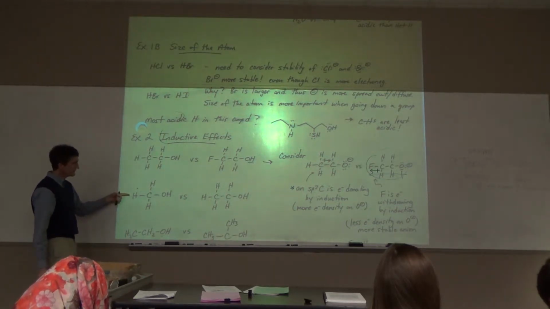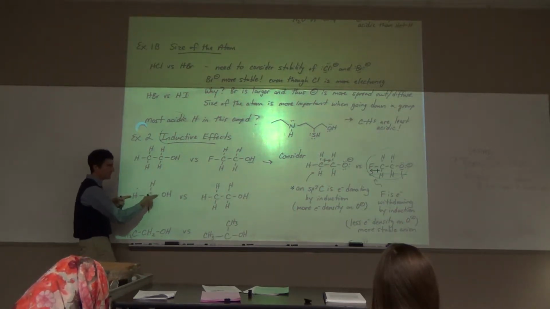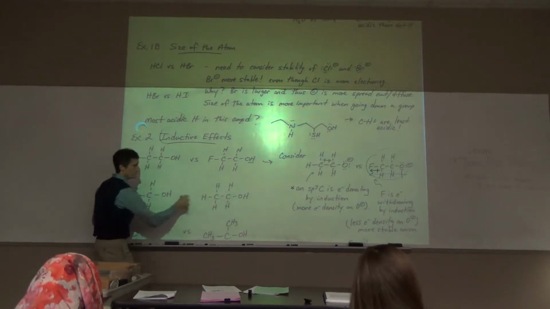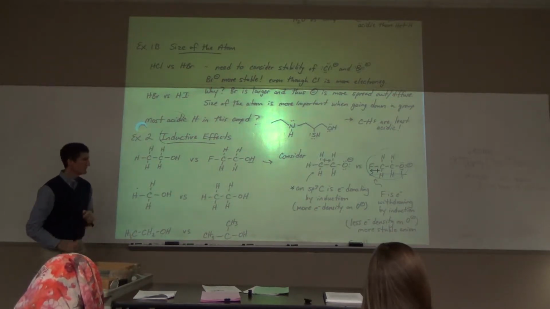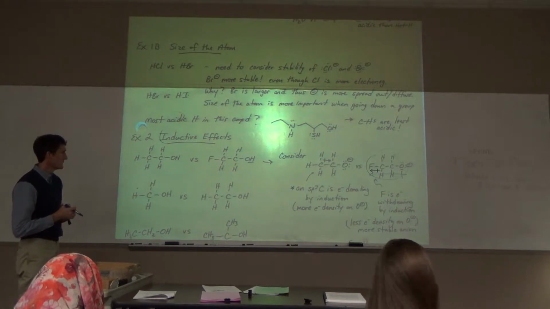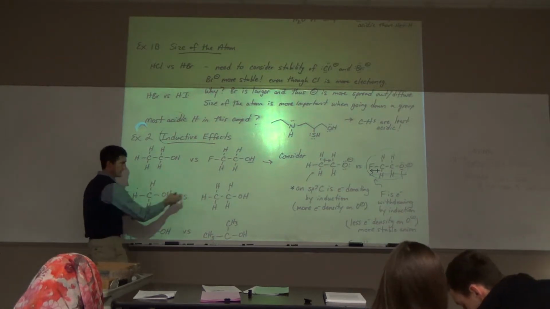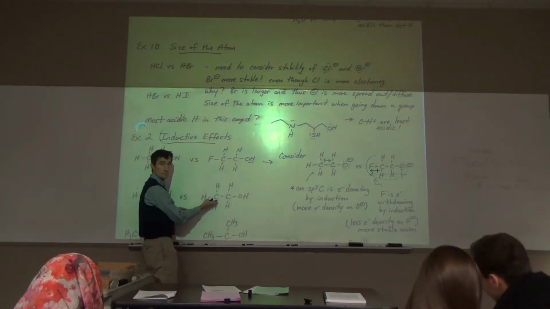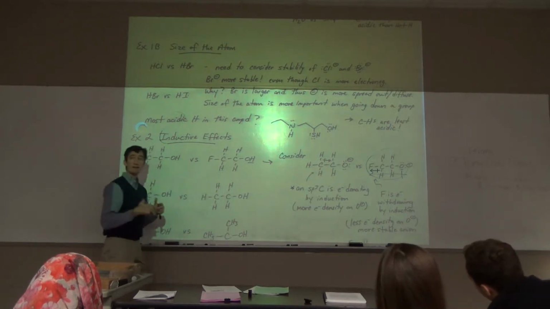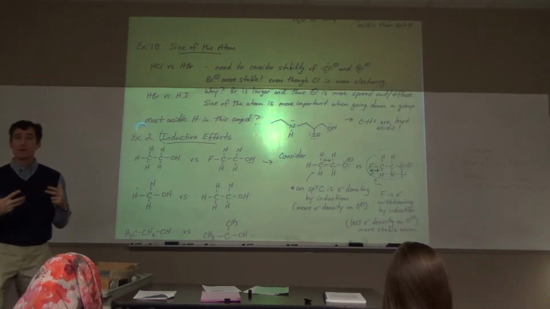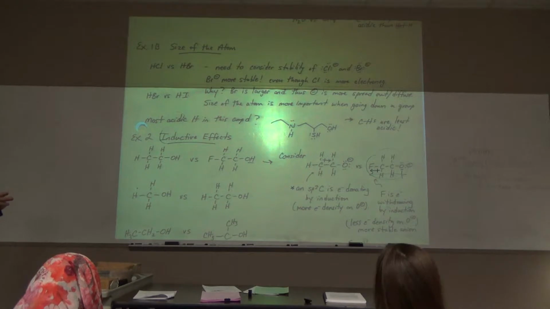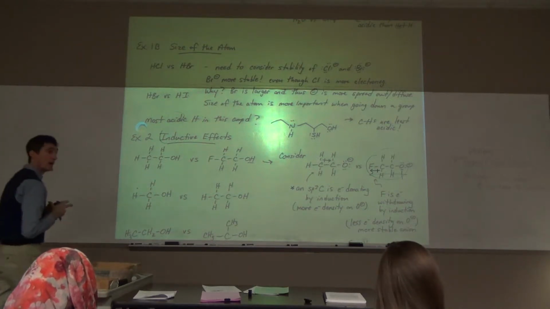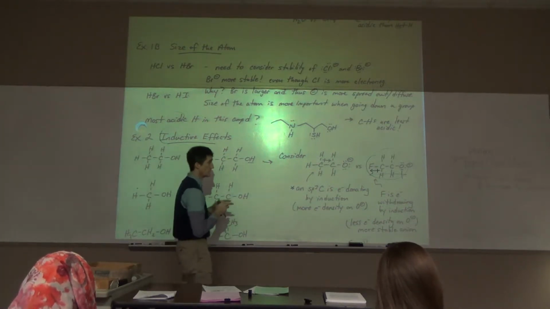Let's look down here. Which is more acidic? This is methanol and this is ethanol, which has an extra carbon. Which is more acidic? The difference is an extra carbon, right? How does this carbon behave? What does it do in terms of its electronics? Sp3 carbon.